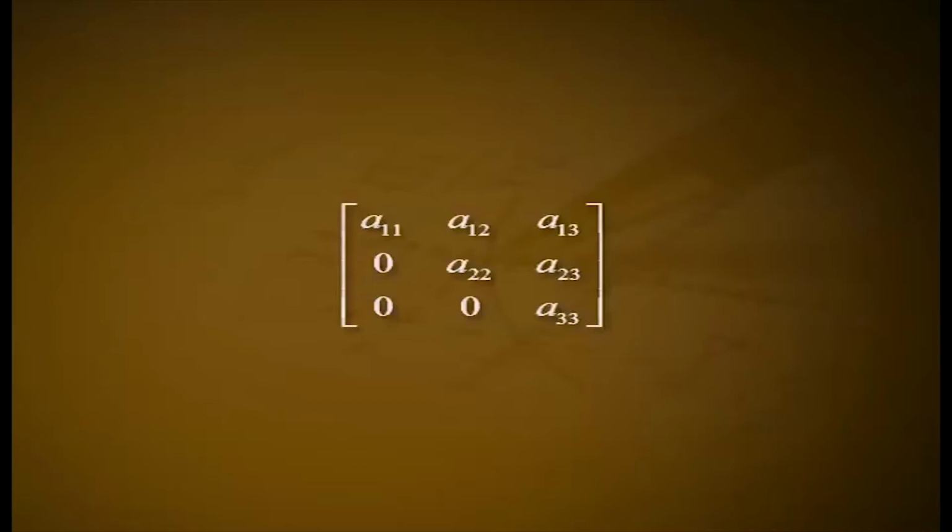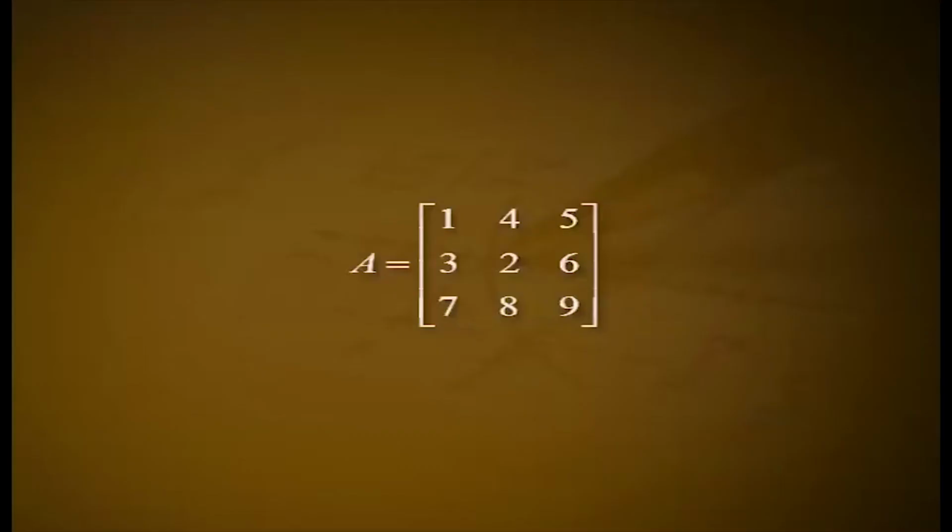Example 1. Matrix [A11, A12, A13; 0, A22, A23; 0, 0, A33] is an upper triangular matrix and matrix [A11, 0, 0; A21, A22, 0; A31, A32, A33] is a lower triangular matrix.